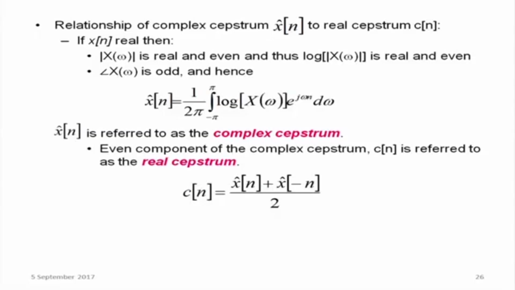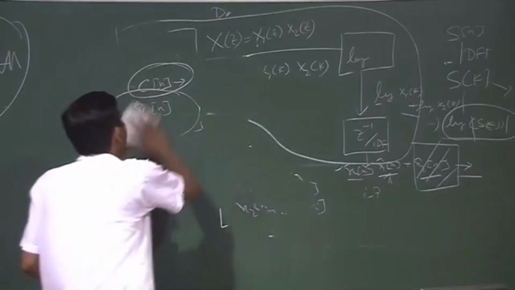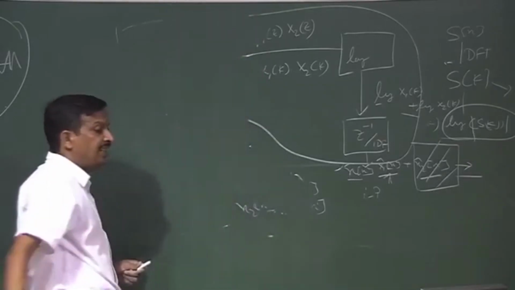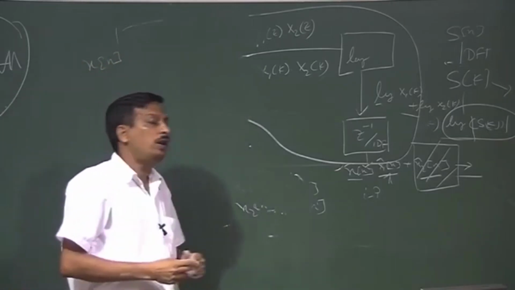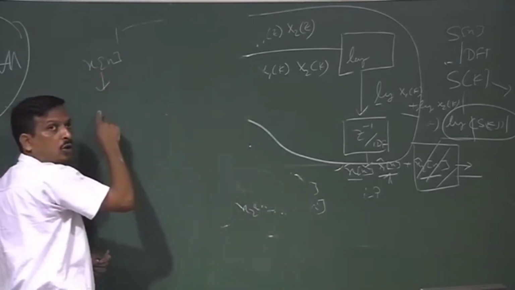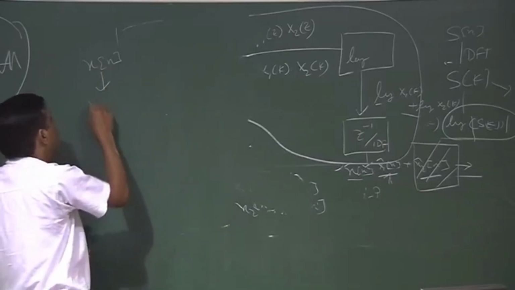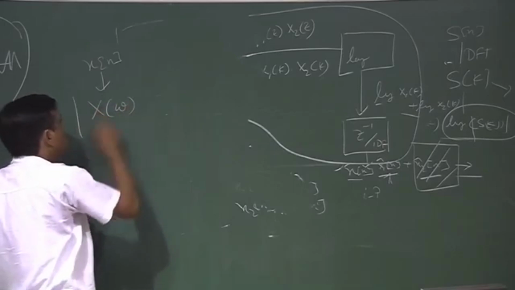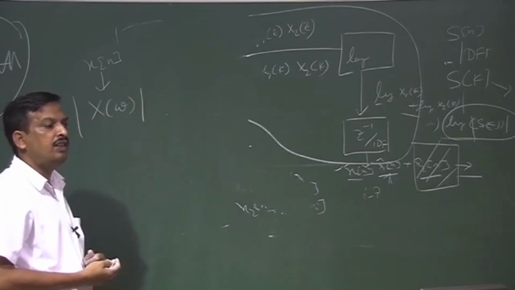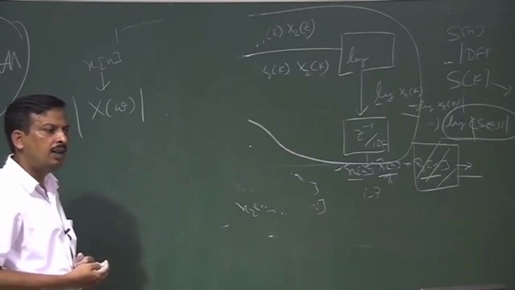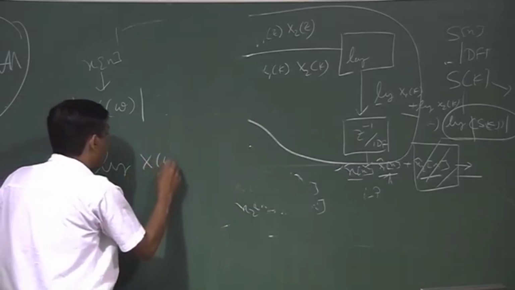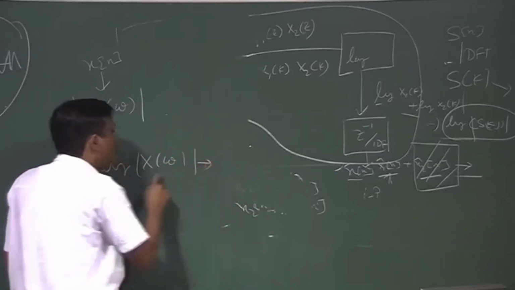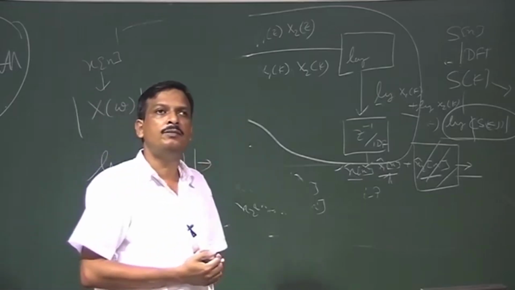That is, if x n is a real signal, then the log magnitude of the frequency representation of the signal, the mod part of X of omega, is real and even, and thus the log of the magnitude of X of omega will also be a real and even part of the signal.